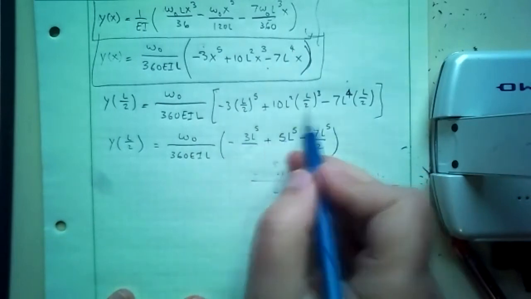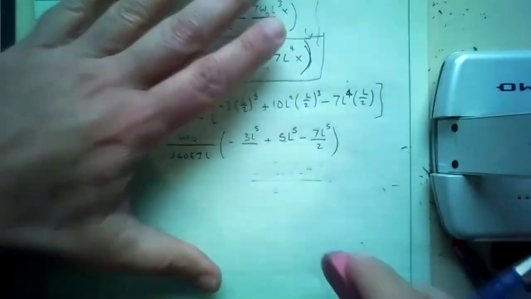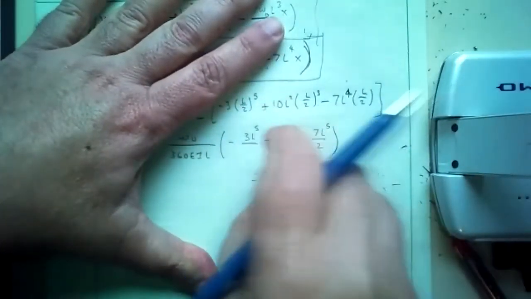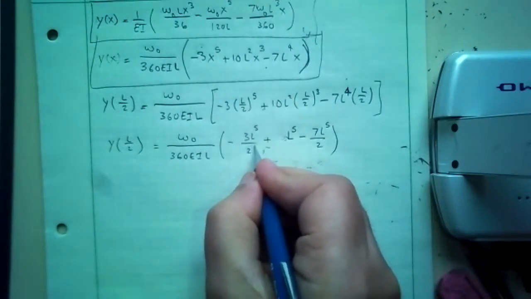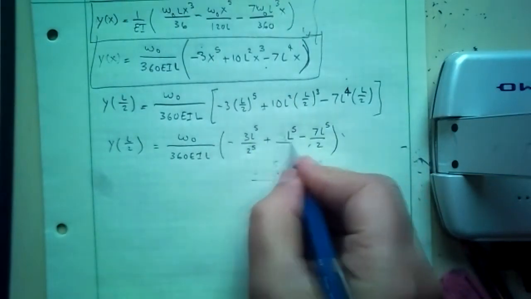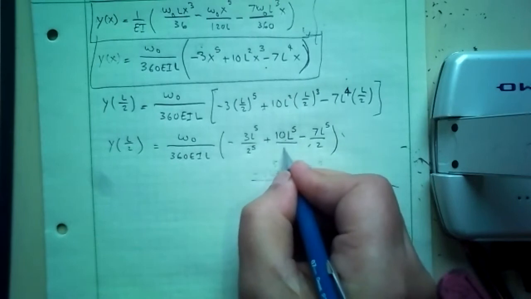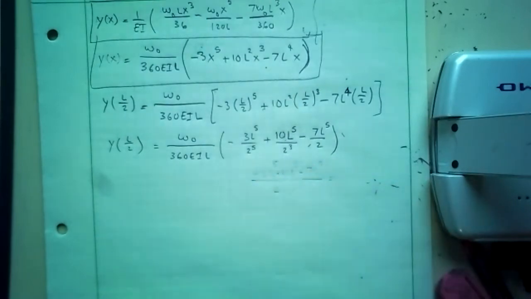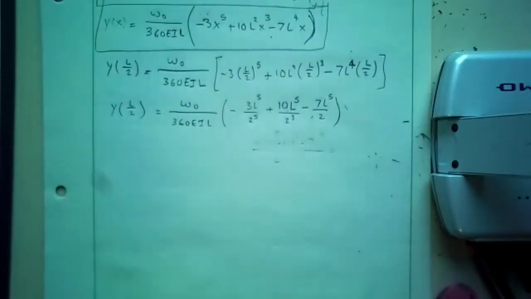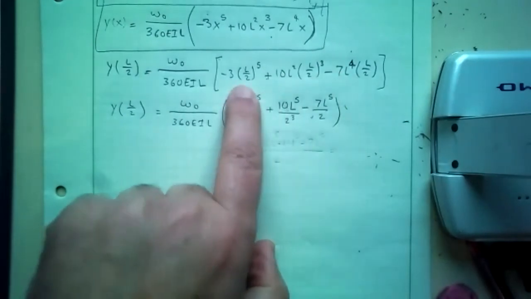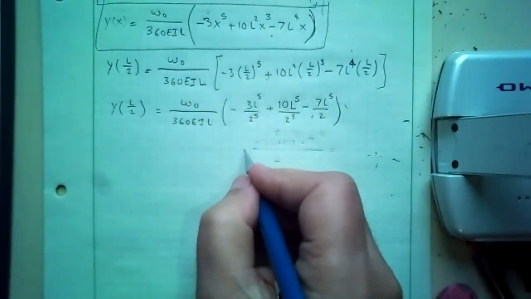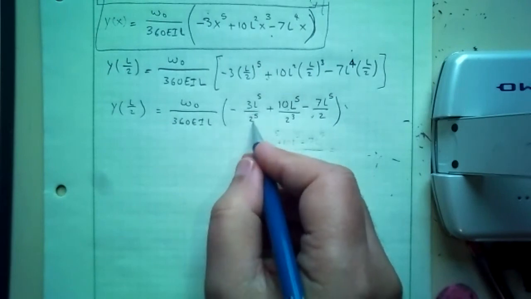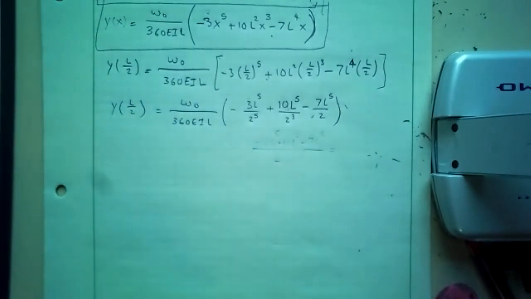But this cannot be. I messed up a lot. 3 over 2 to the 5th power, and this is 10 over 2 cubed. Right there. 2 cubed, 2 to the 5th. So what's 2 to the 5th?